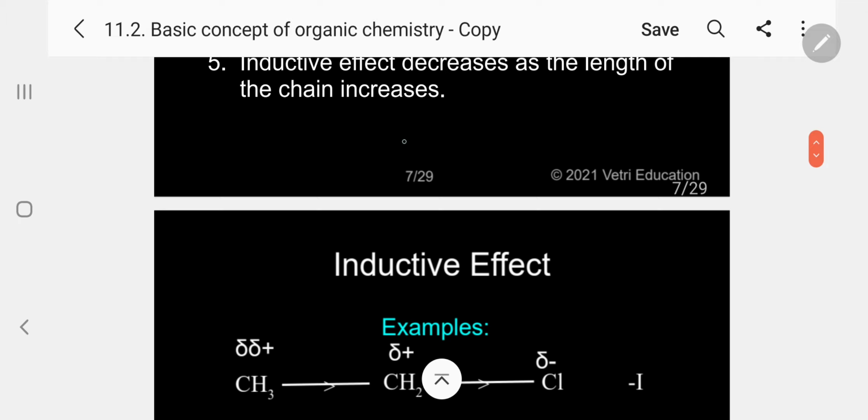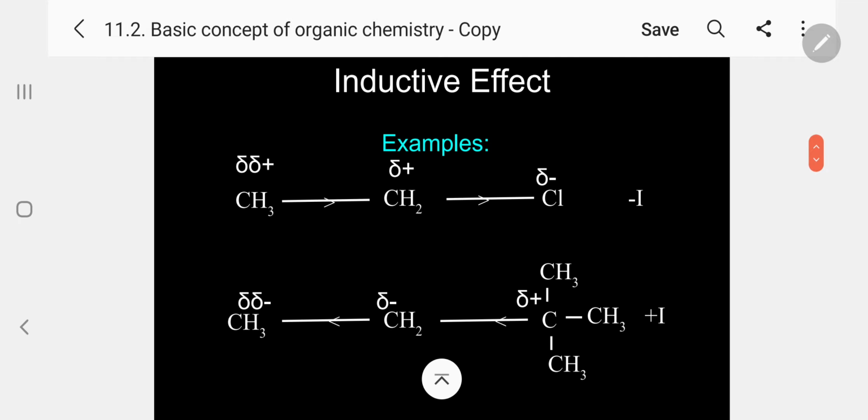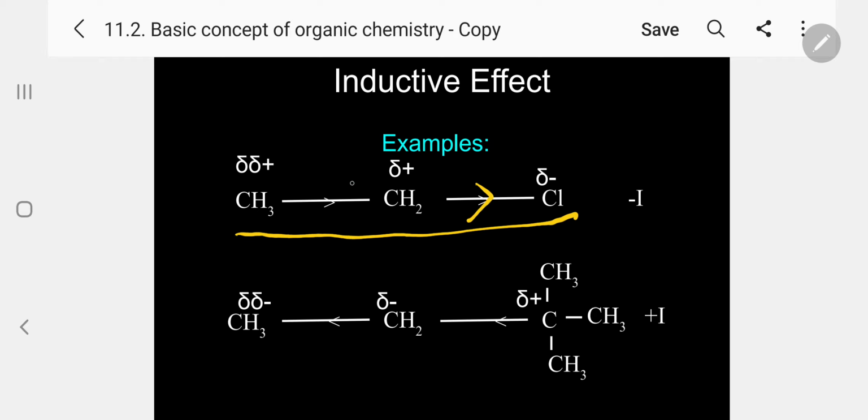These are the characteristics. Now let me come to what is minus I and what is plus I. Let me take ethyl chloride. I am writing CH3, CH2, Cl. If you look here, kindly follow, there is an arrow here and an arrow here.